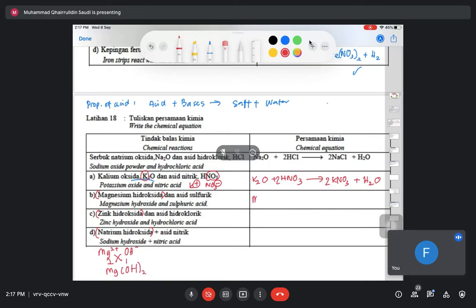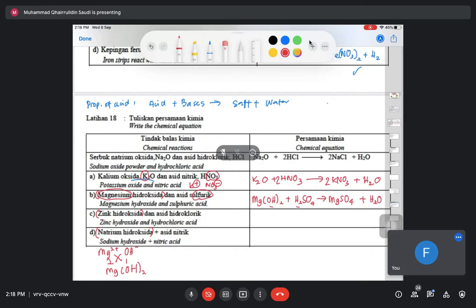Magnesium hydroxide plus sulfuric acid. You should know the formula for acid by now. We leave salt and water for later. So the salt will be magnesium sulfate, MgSO4. Is it balanced? Not yet. We got 2H, 2OH.